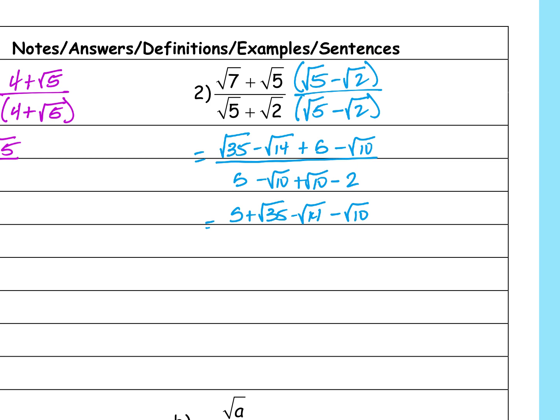The whole number doesn't have to be in front of the square roots. With complex numbers, the whole number has to be in front of the imaginary number, remember that? With square roots, it doesn't matter. You can write it either way. And then on the bottom, 5 minus 2 is 3. So that's it. Kind of ugly.